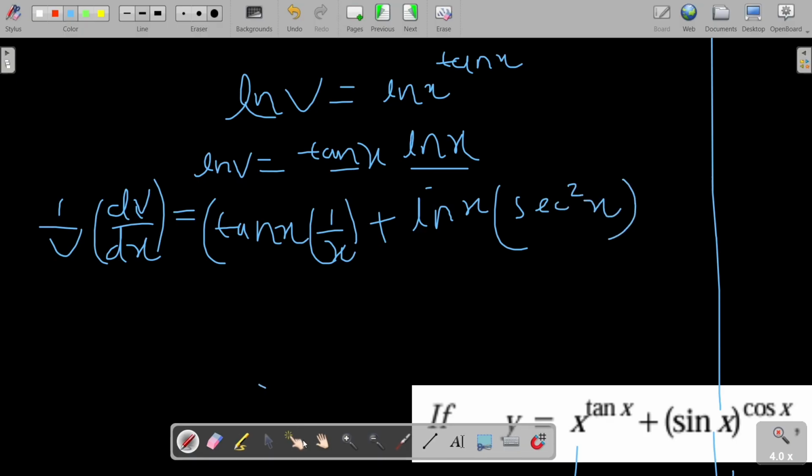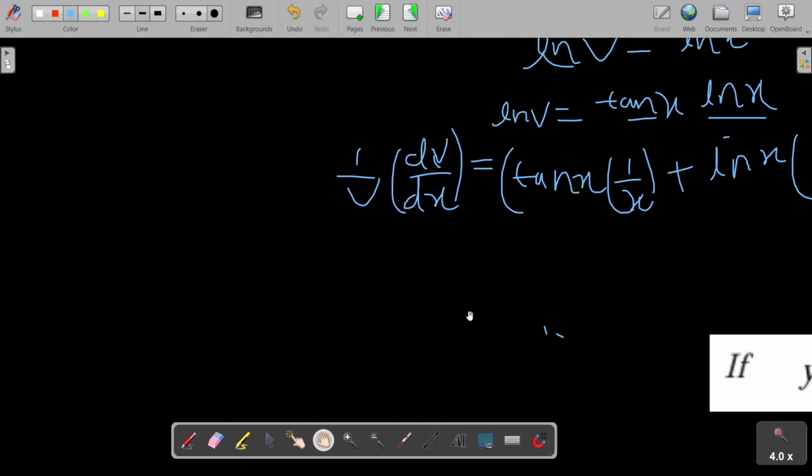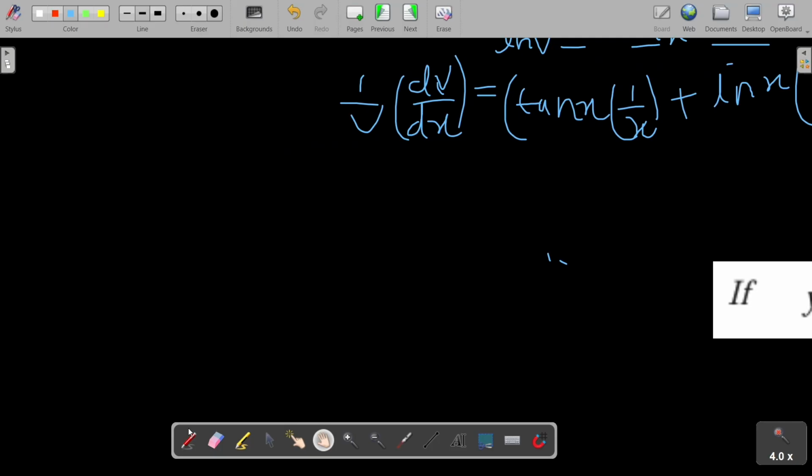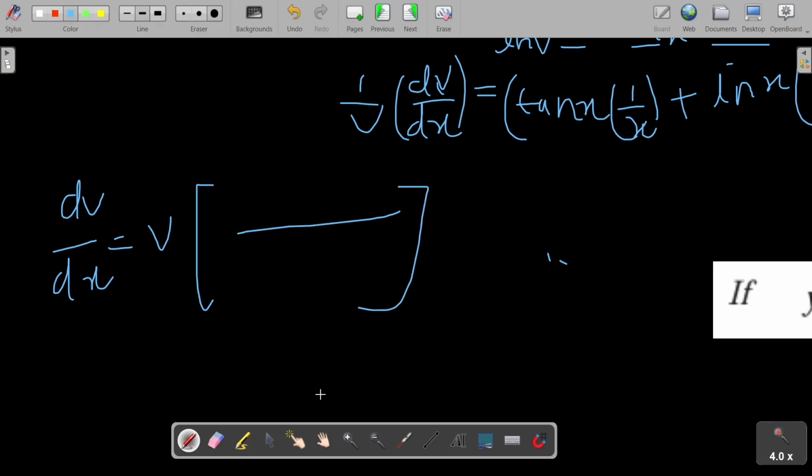I only need dv over dx, so I'm going to multiply v on both sides.